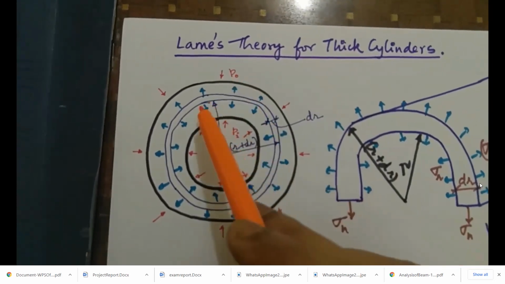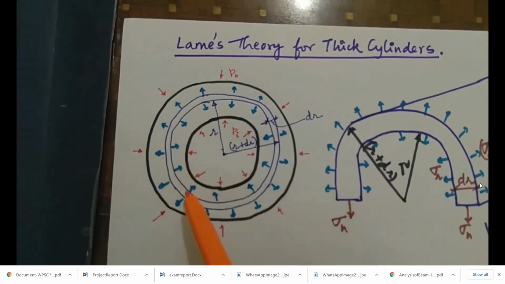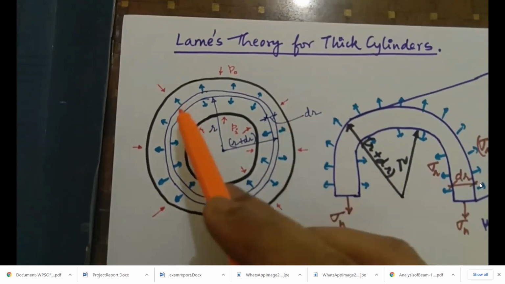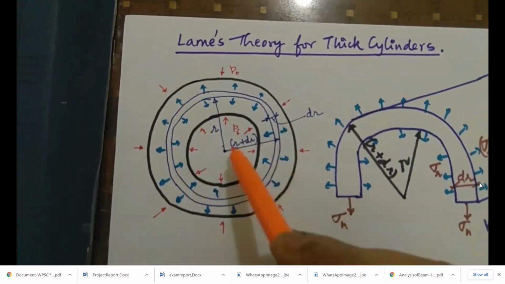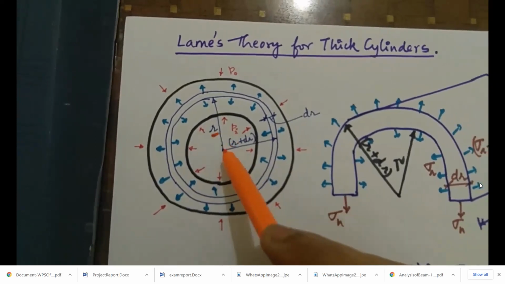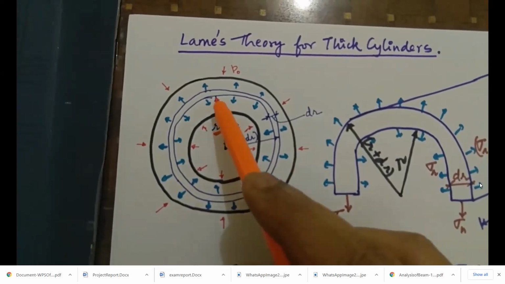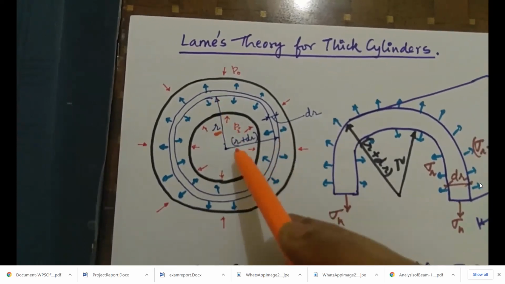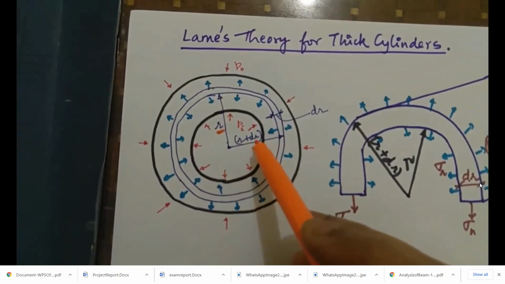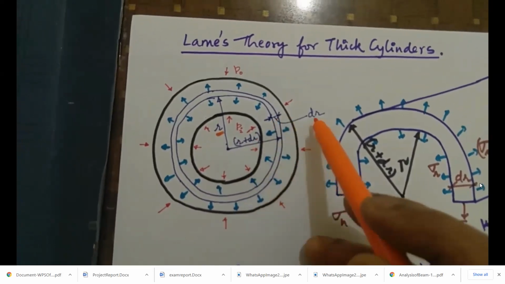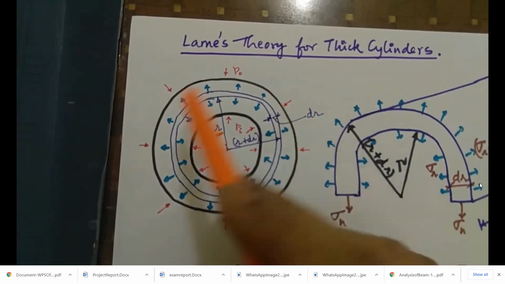All right, and as you see, there is an elemental ring marked in blue, which is situated at a distance of r from the center of the thick cylinder. The inner part is at r, the outer part is at a radial distance of r plus dr. The thickness of this elemental ring is small dr. Okay, so that's the geometry.